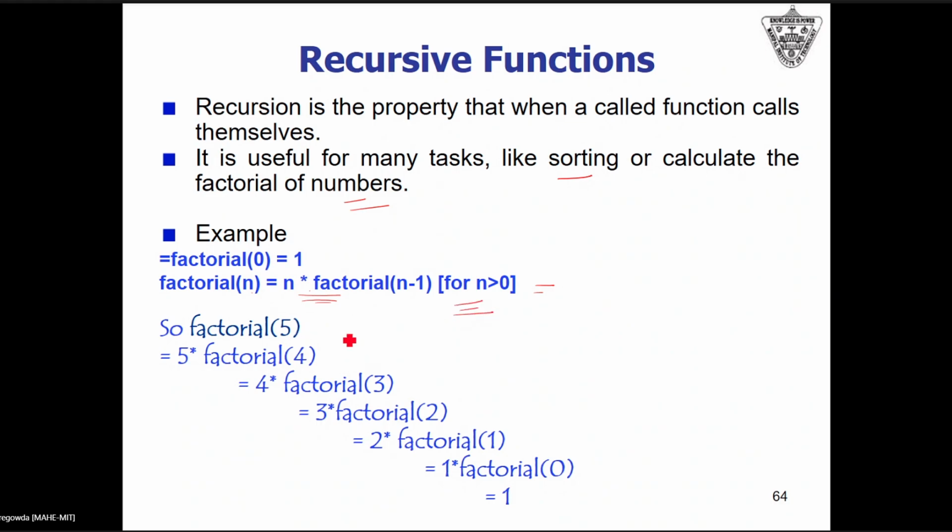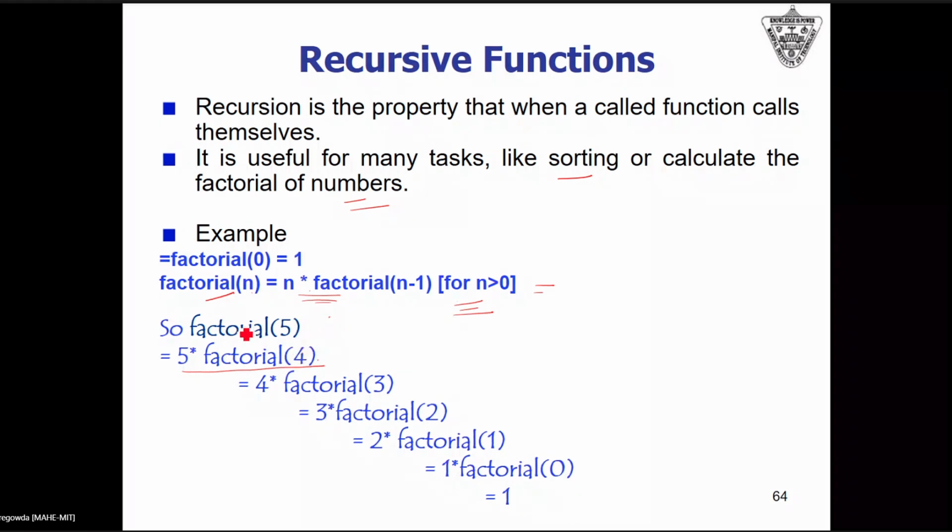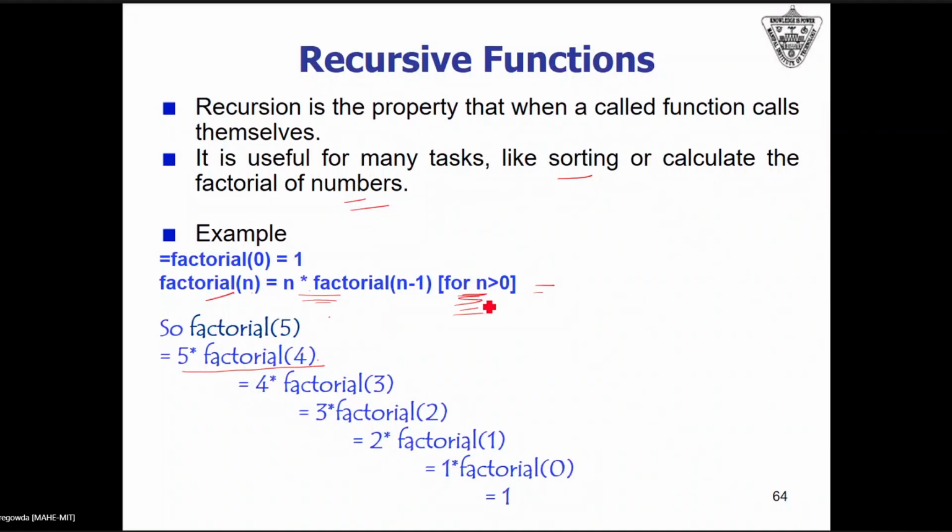Say for example, initially I'm going to invoke the function factorial with the value 5. When I call this, I'm going to find 5 into factorial of 4. Again, I'm going to invoke the same factorial function, passing the decremented value n minus 1, that is, you invoke the factorial function with the value 4.